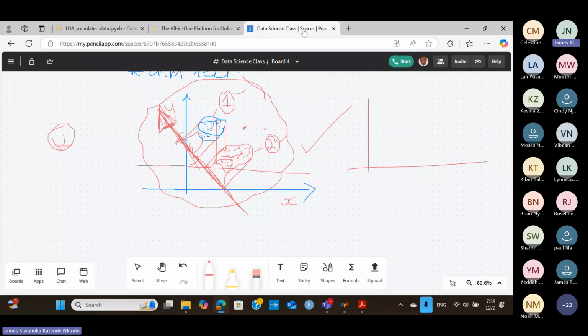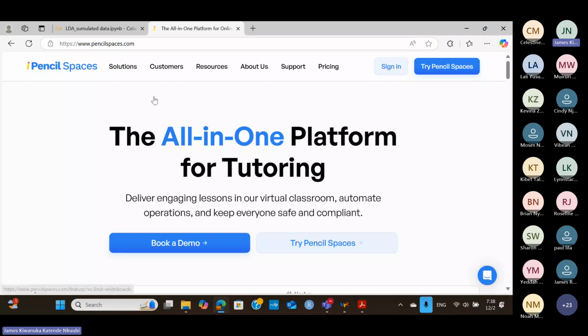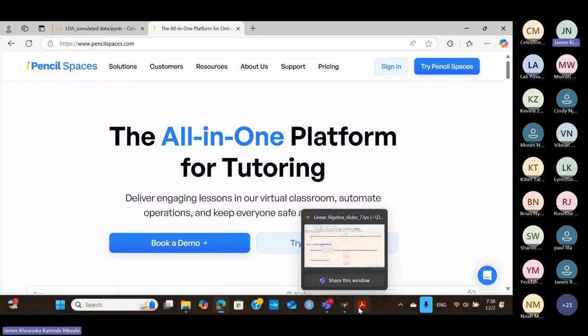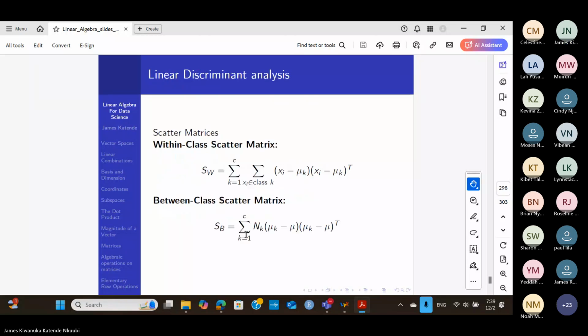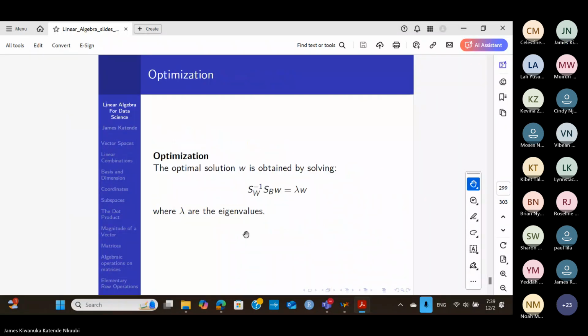I think this one for pencil spaces is the one that's eating up memory. It takes up quite a bit of memory, so I'll close this because I don't need it now. Hopefully that will fix what's going on.